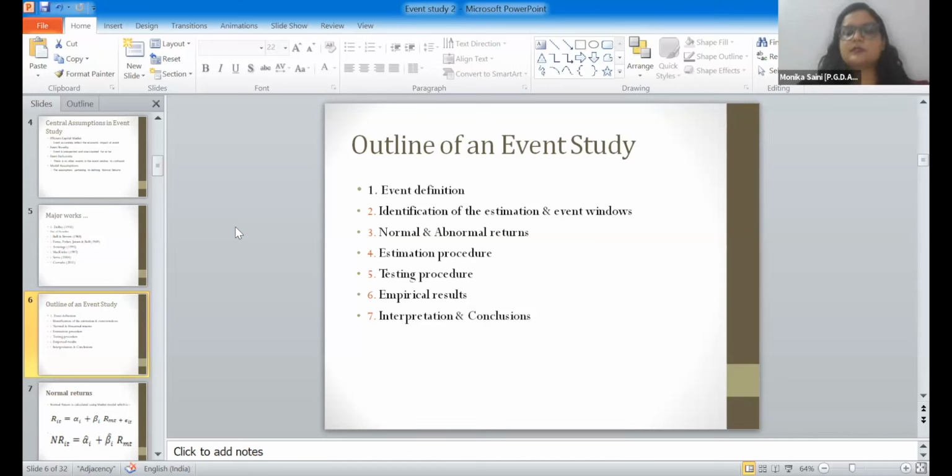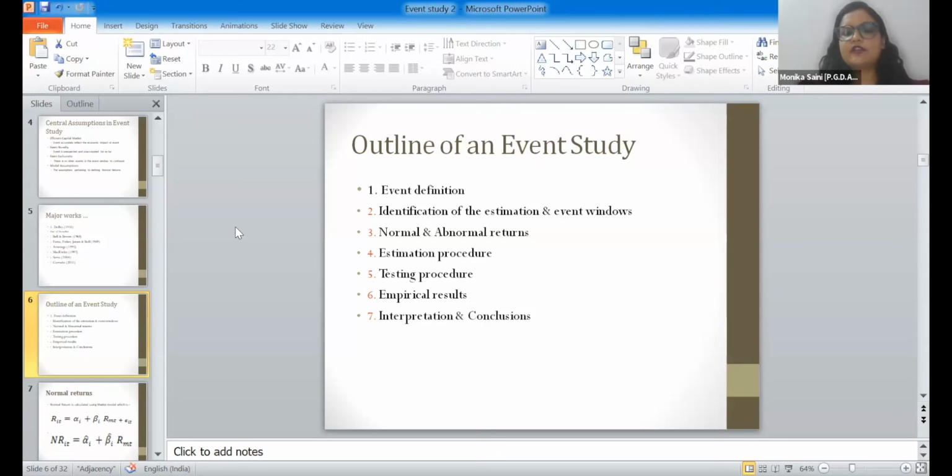Now, the announcement period can be the date on which the company has publicly made that information available. It is not necessarily the day on which the actual action has been taken. For example, if I am taking the event of buyback, I'll be taking the announcement of buyback date as my zero date, right?